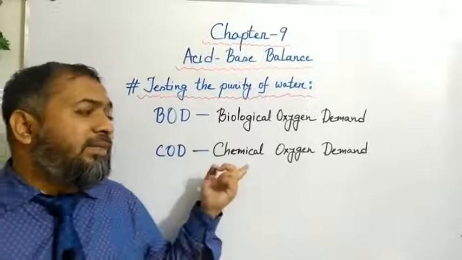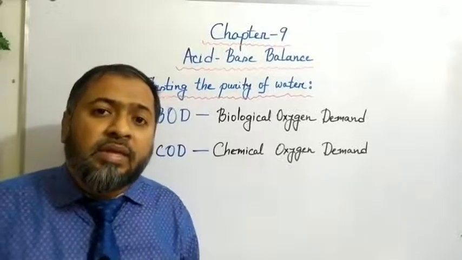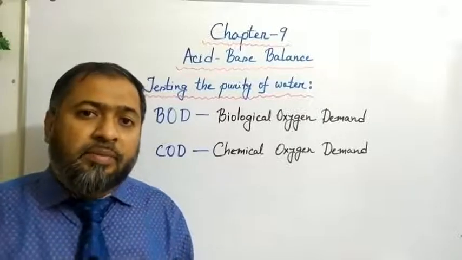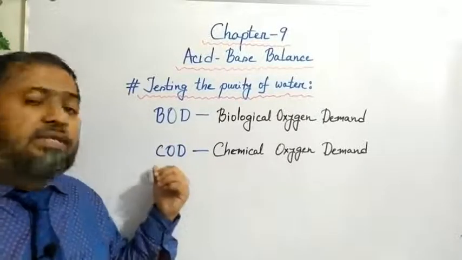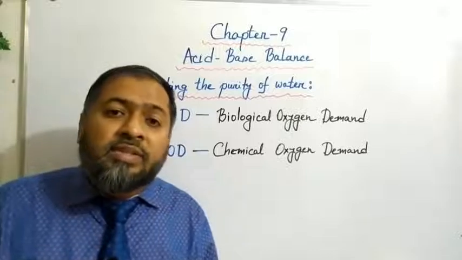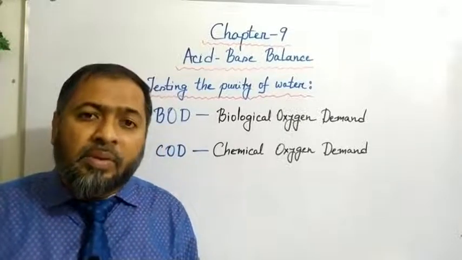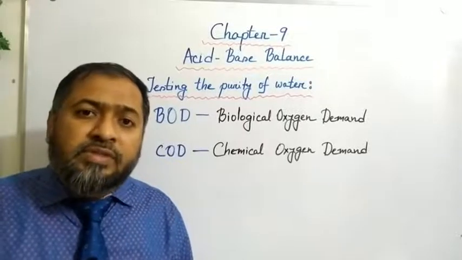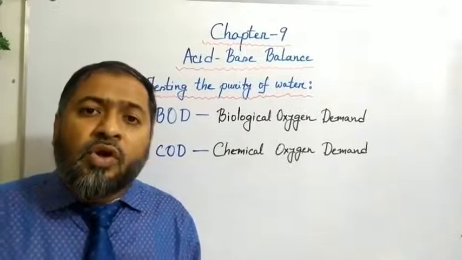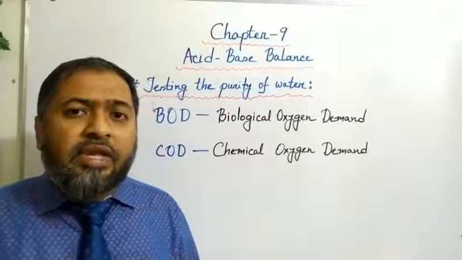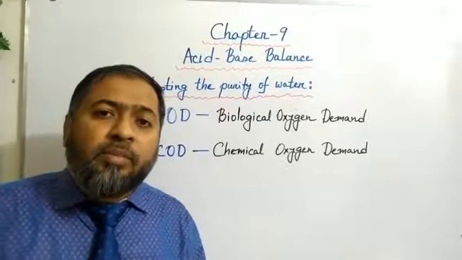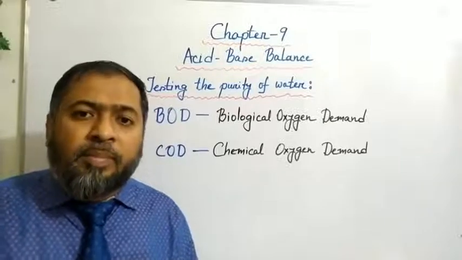Similarly, when the chemical oxygen demand of a water body is greater, that is also considered polluted water. Between BOD and COD, COD is always greater than BOD because COD indicates the amount of oxygen which is required to decompose all organic and inorganic compounds. On the other hand, for BOD, we need to decompose only organic compounds.